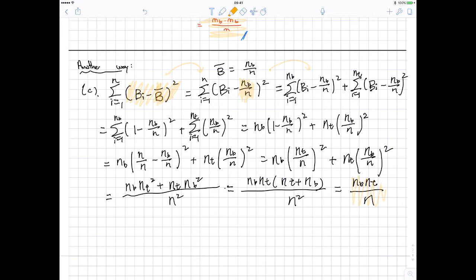When I go from here to here, what is she doing as she goes from this step to this step? She takes the black and white separately, and then she uses the properties of 1 and 0. Remember, the big picture was, I want to get rid of this bi as well. I know that this bi sometimes is 1 and sometimes is 0.